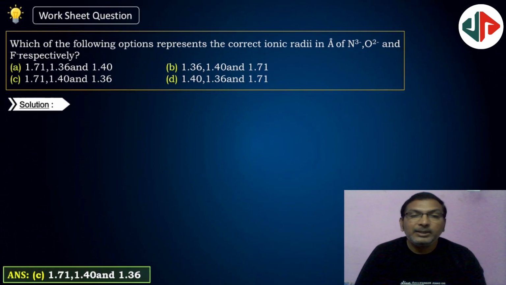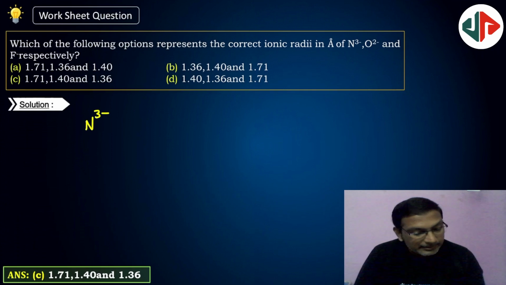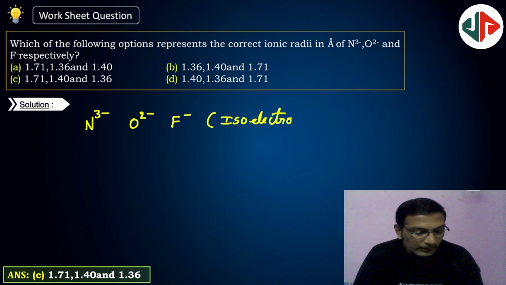Next, which of the following options presents the correct ionic radii in N3 minus, O2 minus and F minus. These are isoelectronic species.